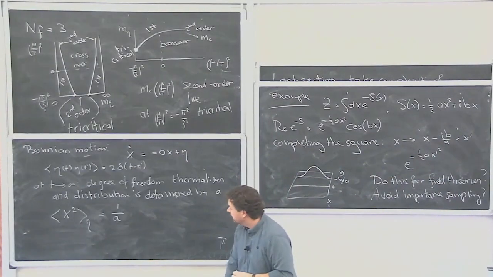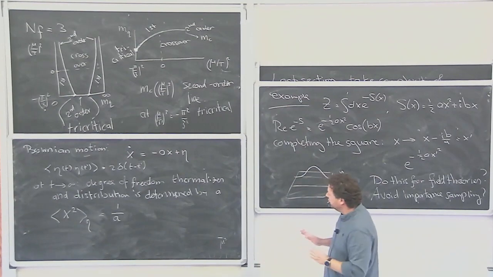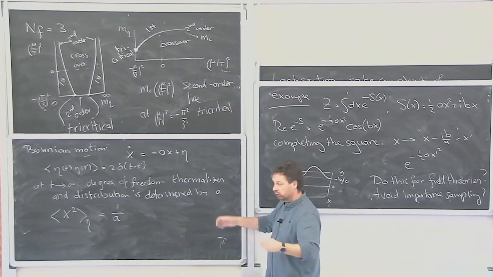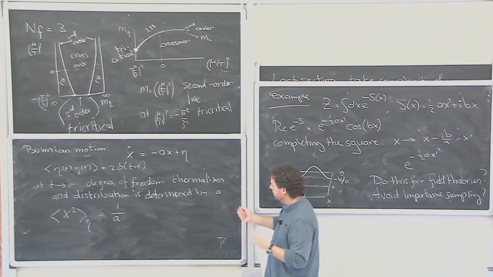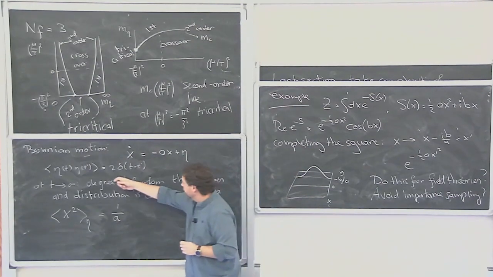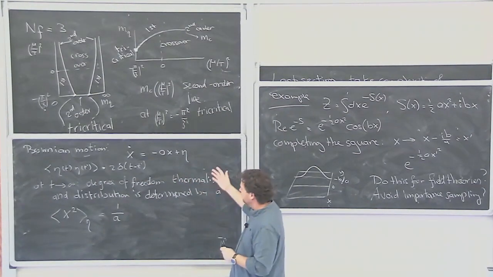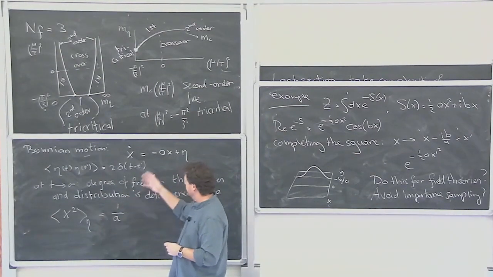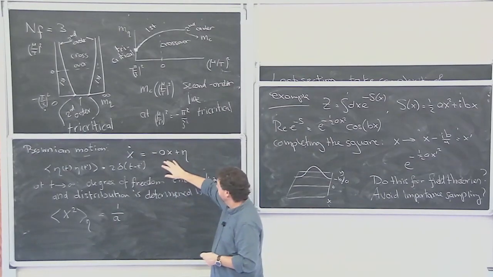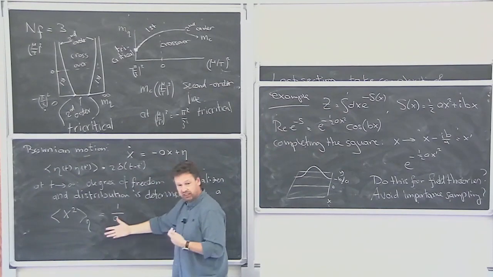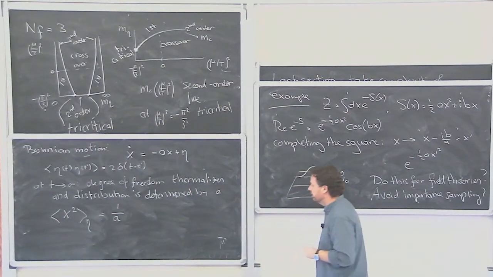So here the idea is we don't do any importance sampling. We solve a Langevin type equation. We wait for the system to become thermalized, get into equilibrium. The noise is chosen so that it reaches the right temperature, so to speak. And the expectation values are then determined by the properties of this drift term and the noise. And if I choose everything like this with A here and a 2 here, I get exactly the right expectation value.